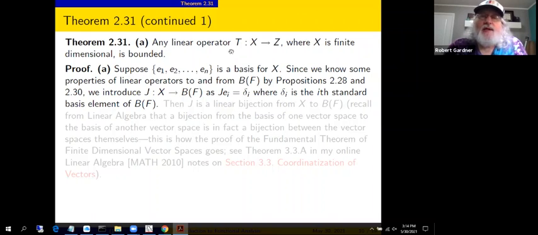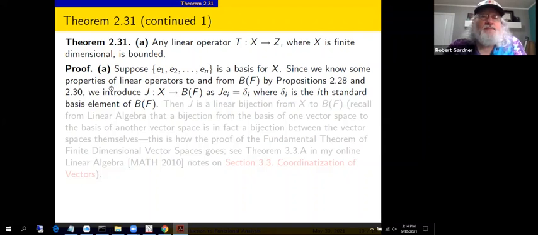So first, any linear operator T mapping X to Z where X is finite dimensional is bounded. So take yourself a basis for that finite dimensional space X. Notice the domain space of T is finite dimensional. So let E1 through E sub n be a basis.